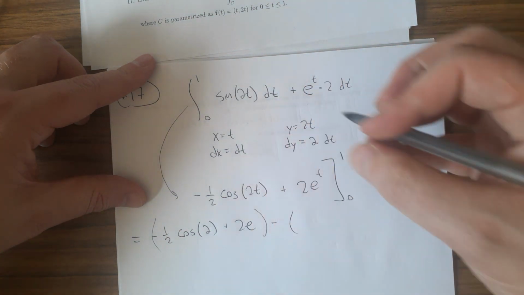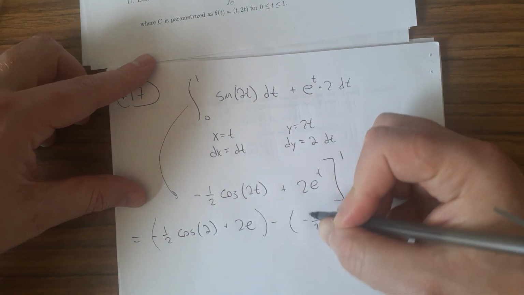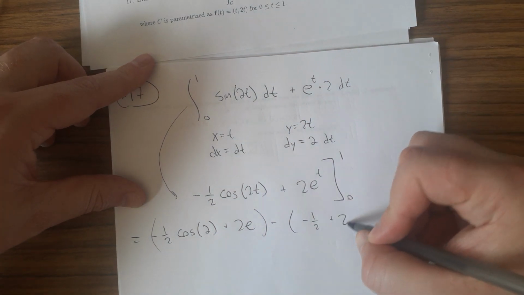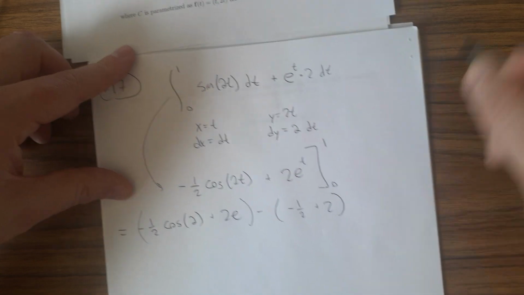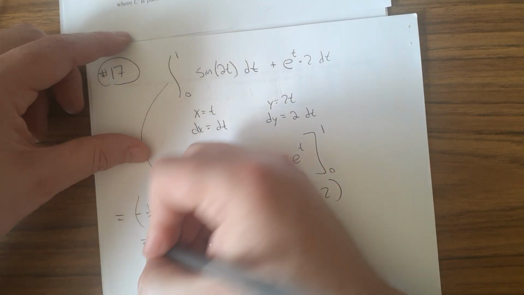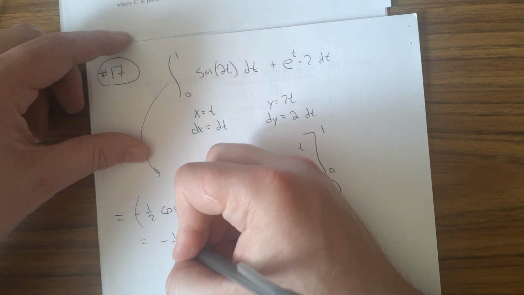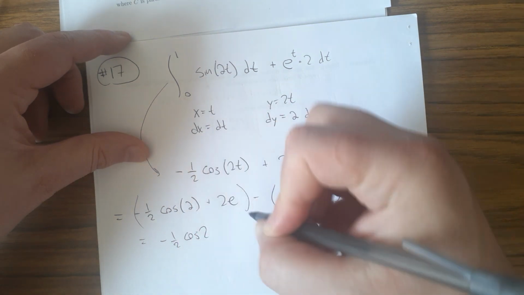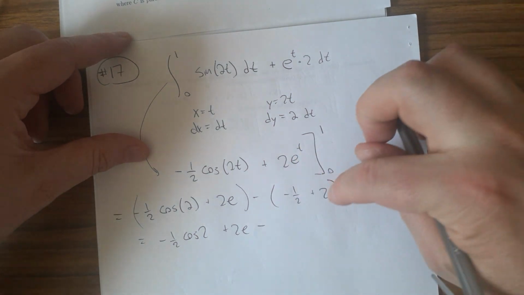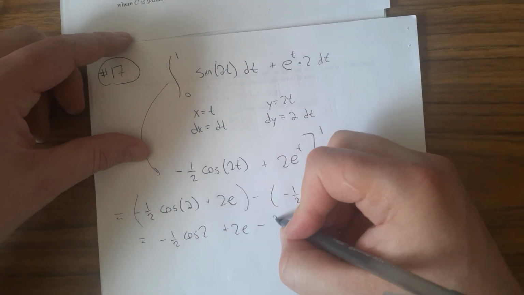Here's putting in 0 for t. Of course, cosine of 0 is 1. E to the 0 is also 1. So it looks like I've got this. So negative 1/2 cosine 2 plus 2e minus, this is 3/2.